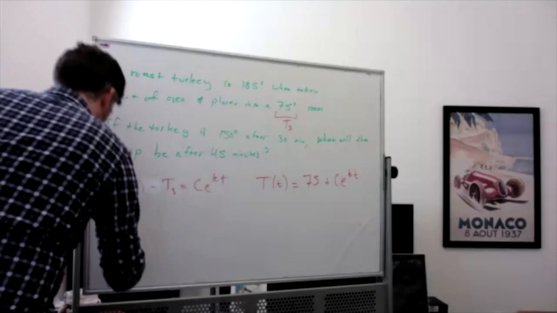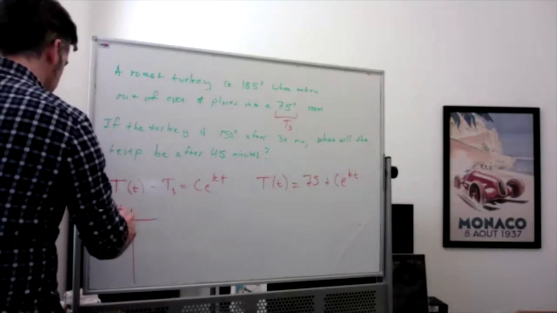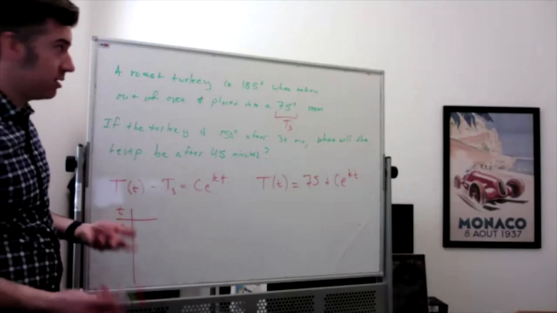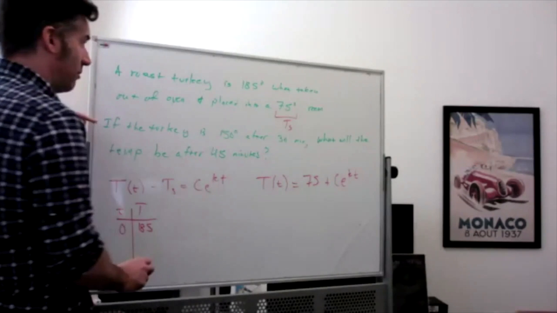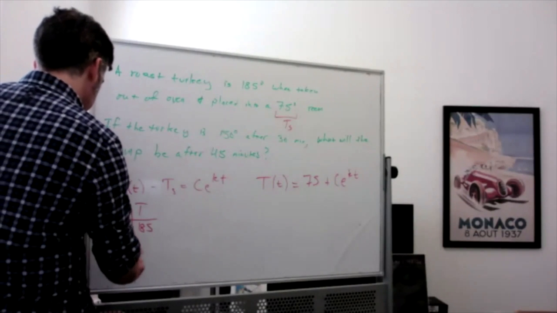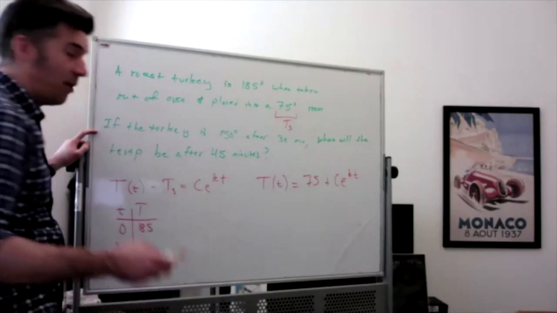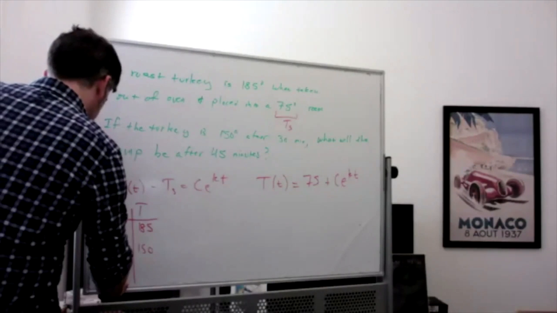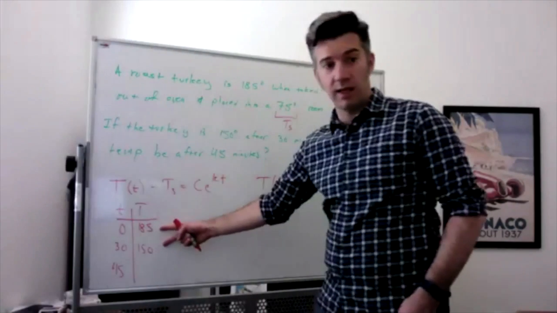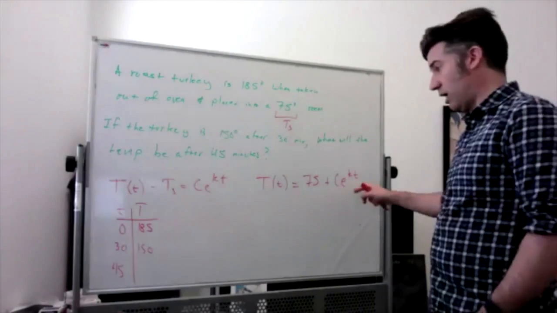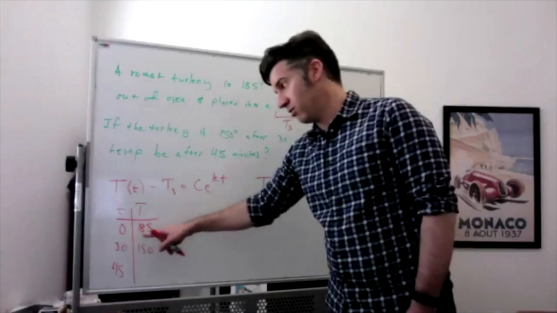So here's what I know. At time 0, when we take the turkey out, the temperature is 185. And at time 30 minutes later, the temperature is 150. And I want to know the temperature when the time is 45 minutes. So we're going to use these two pieces of data to figure out what C and K are. Let's plug in 0 for time and 185 for temperature.